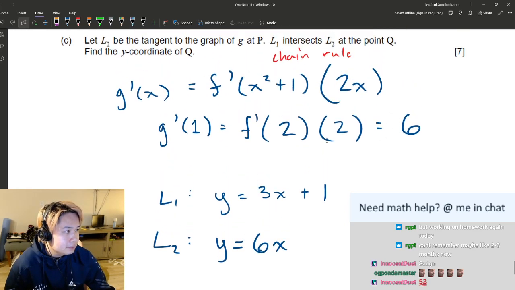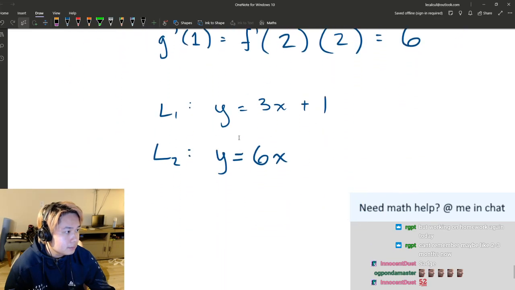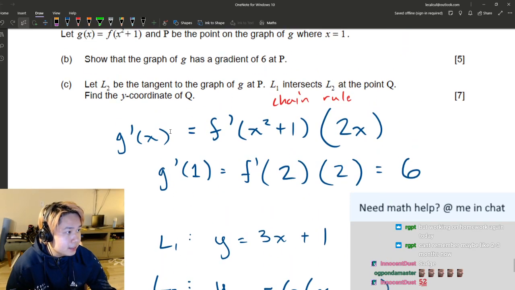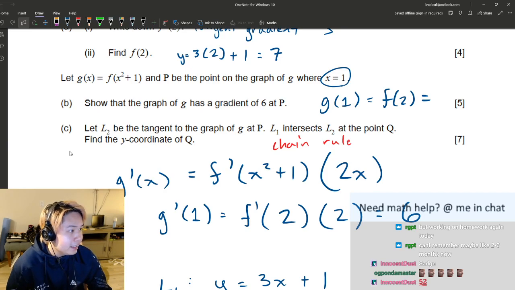And then I need to find out the full equation of the line. So I'm going to use point gradient form because I can find out a point on g. I know that if my x value is 1, then g of 1 is the same as f at 2, which I found out in part A is a y value of 7.